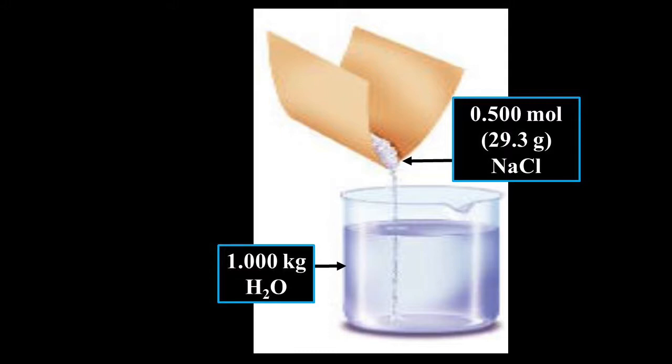That would be 0.5 molar. So molal is when you put the solute into 1 kilogram of solvent, and molarity is when you put the solute in first and then dilute it up to 1,000 milliliters of water, producing 1,000 milliliters of solution.